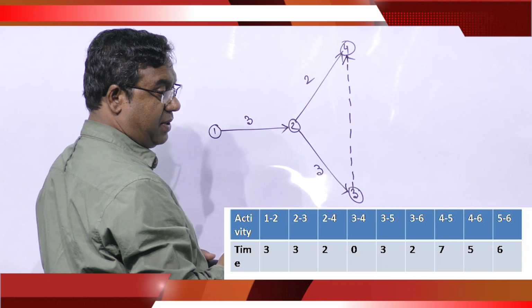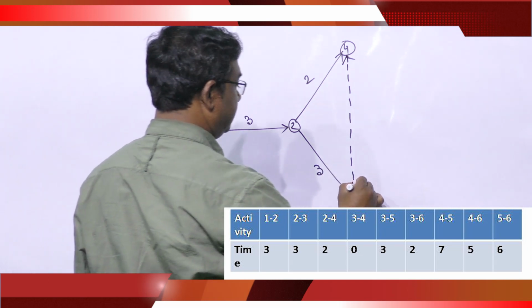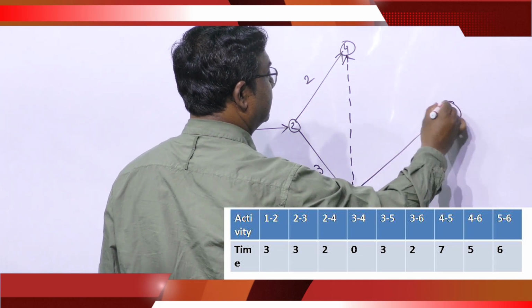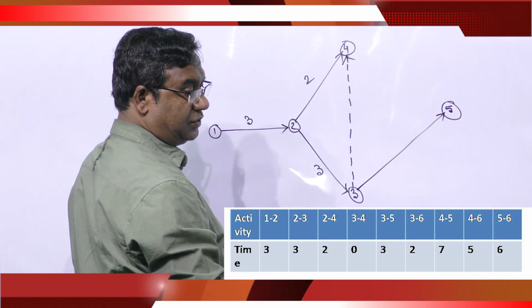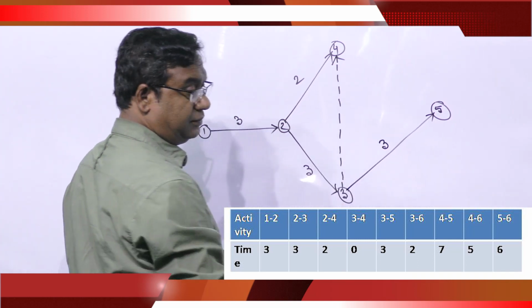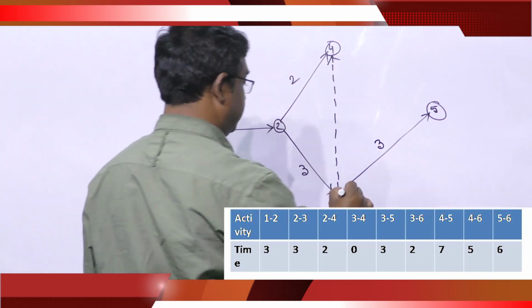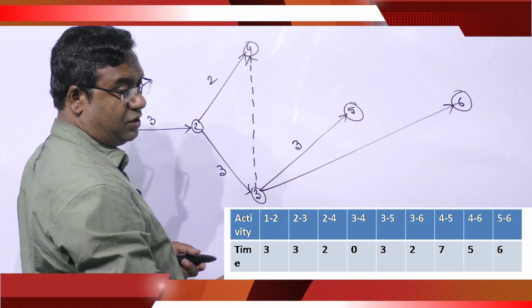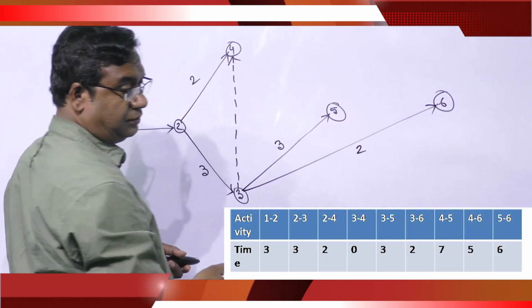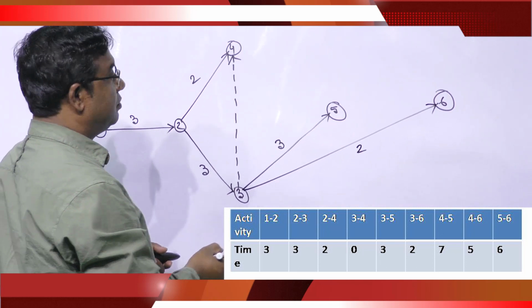Next, 3 5. Activity 3 5. Time duration is 3. Next, 3 6. Time duration is 2. Next, 4 5.